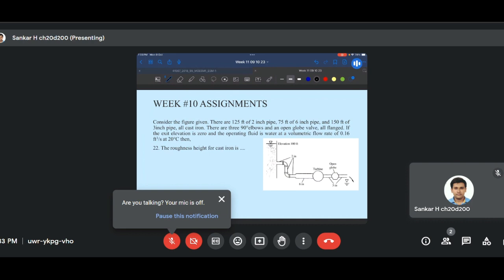The roughness height for cast iron, I think I forgot to mention the unit, it has to be in feet.